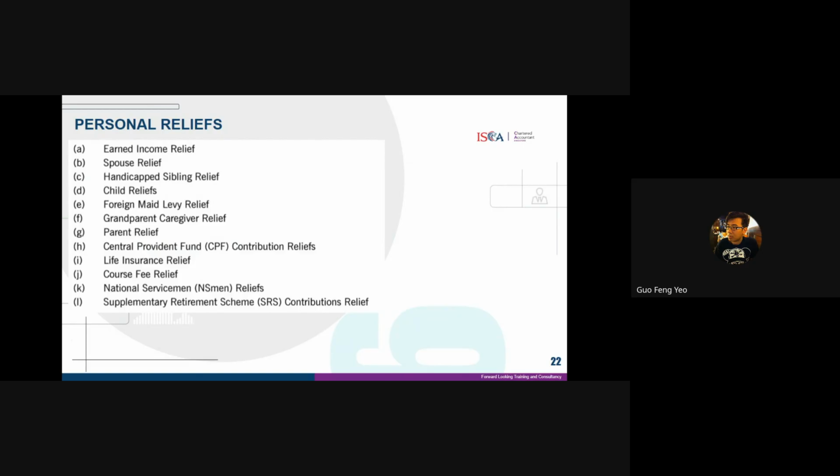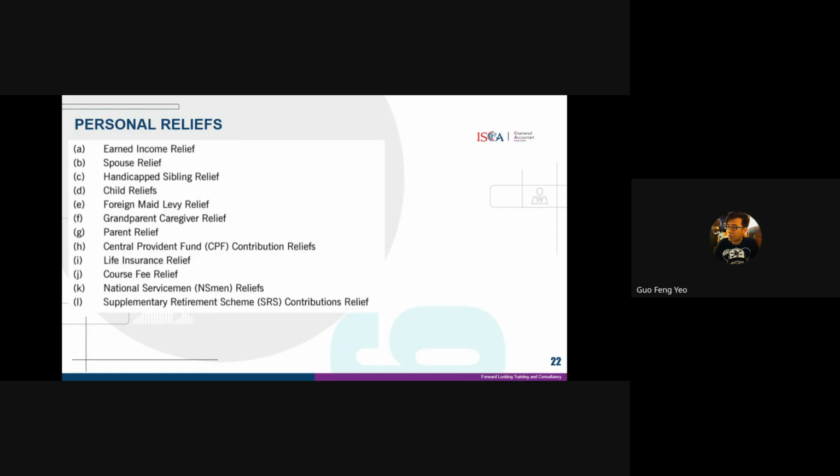So just comparing the amount of tax an individual will need to pay if he's a Singapore tax resident versus a situation he is not. For the first 20,000 of income, a non-resident will have to pay 3,000 of tax, whereas a Singapore tax resident will not be paying any tax.